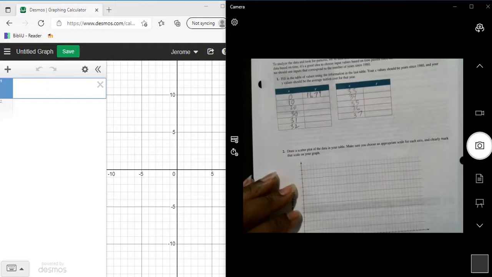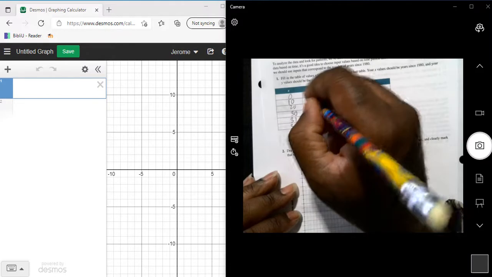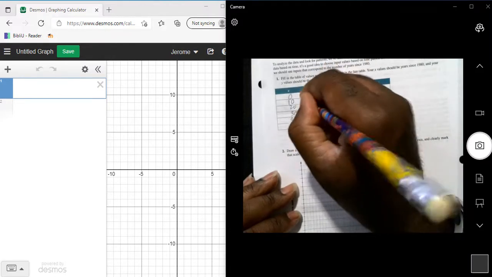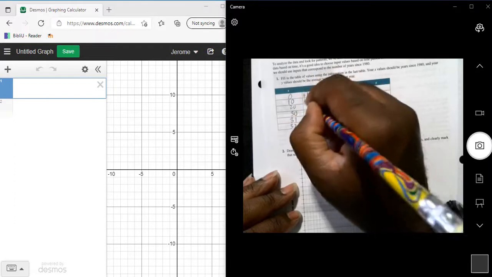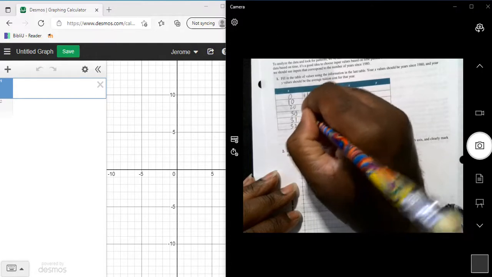Sorry, my camera froze, but that's fine. So we will fill in these values here, and we will fill in the corresponding amounts. Okay, we will fill these in.